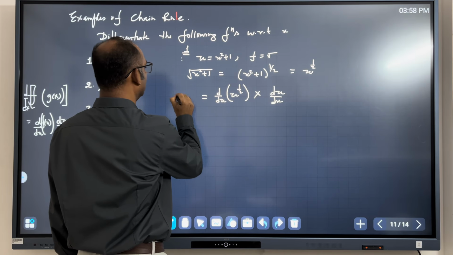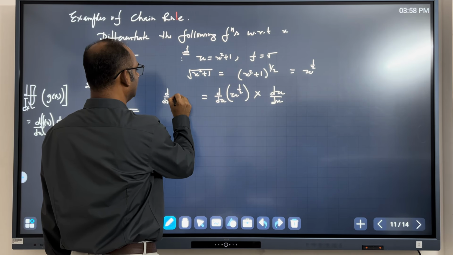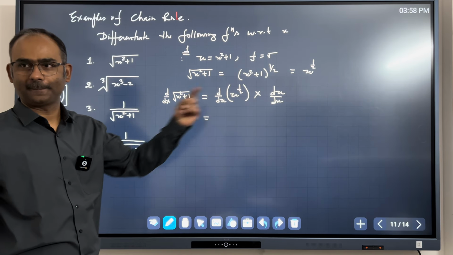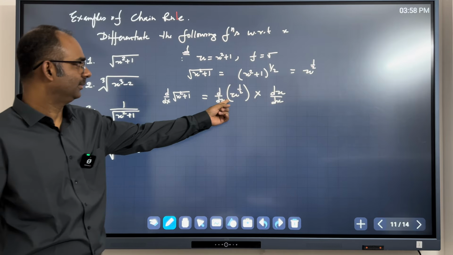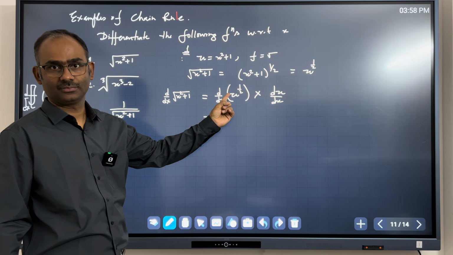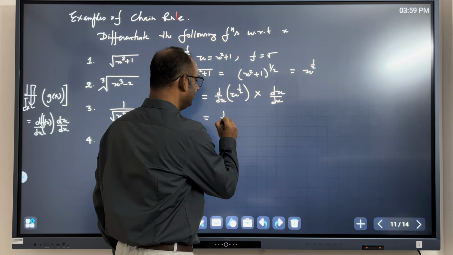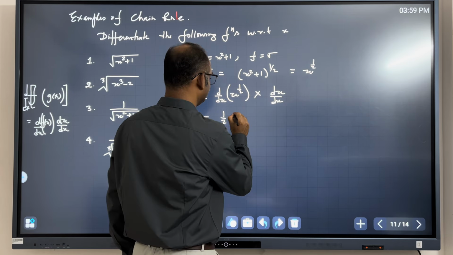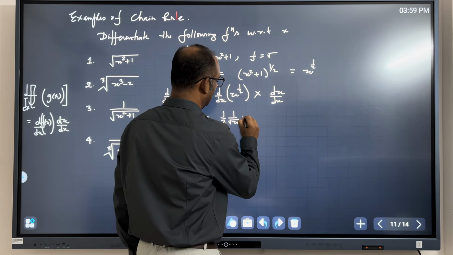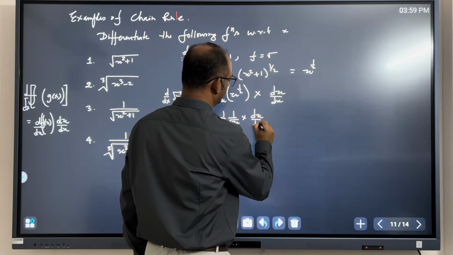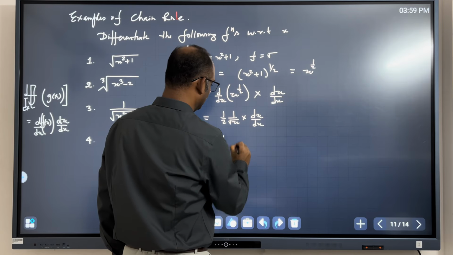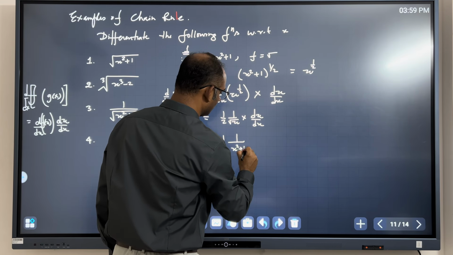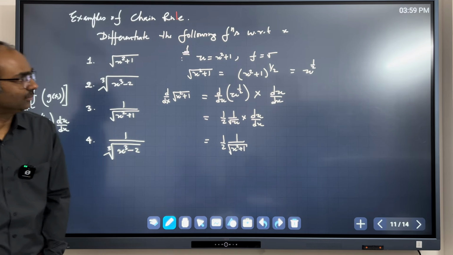So this is d over dx of, okay, how much is this? Half u to the power minus half. U to the minus half is 1 over root u, times du over dx. This is half. What is u? u is x square plus 1, times what is du over dx?